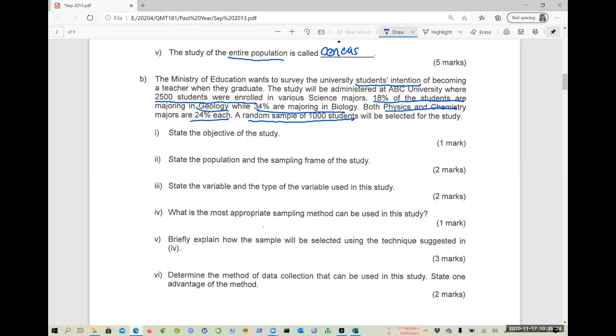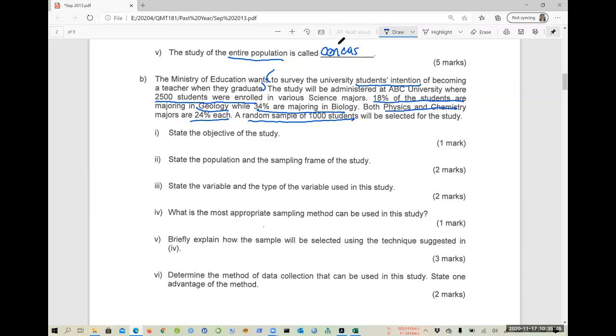So the first question asks you to state the objective of the study. So the objective of the study here is to survey the students' intention of becoming a teacher when they graduate. Okay, so that is the objective of this study.